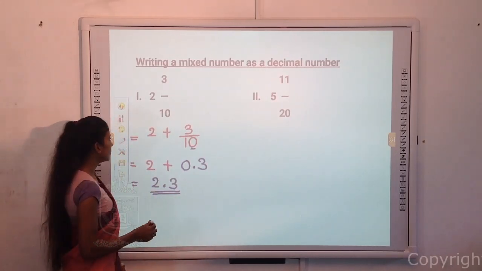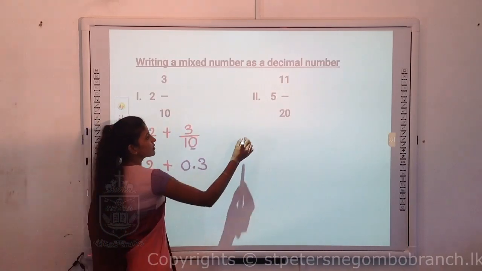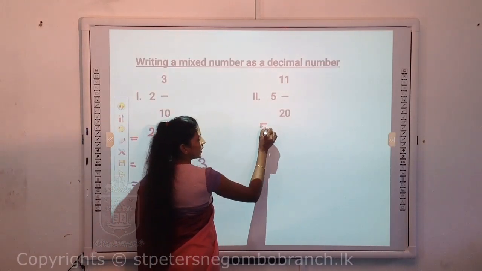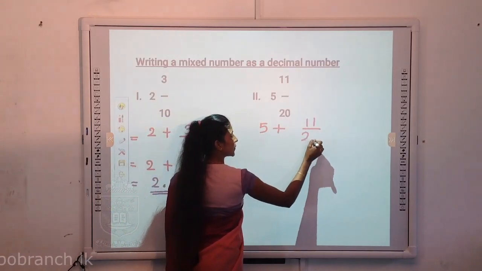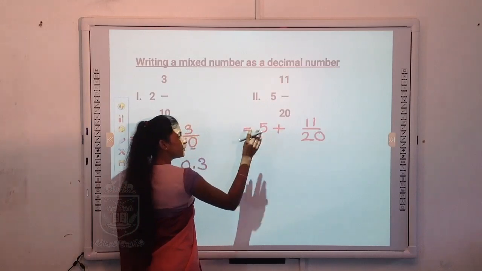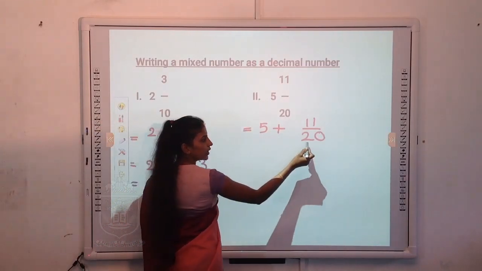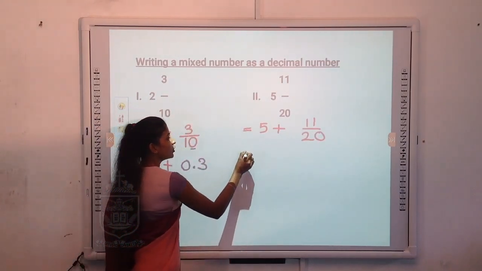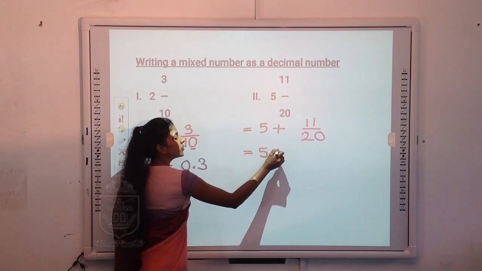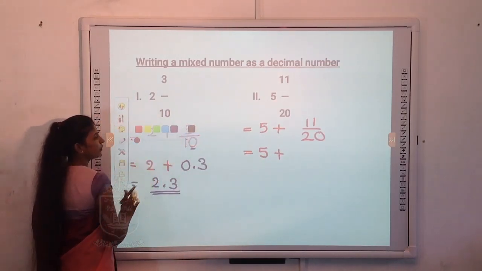Okay, let's move to the second example. It can also be done in the same manner. So separate out the whole number and the fractional part. 5 plus 11 over 20. Now you all can see when you consider the fraction part, it is not having a power of 10 in the denominator. 20 is not a power of 10. So we have to make 20 into a power of 10. How can we make 20 into a power of 10?